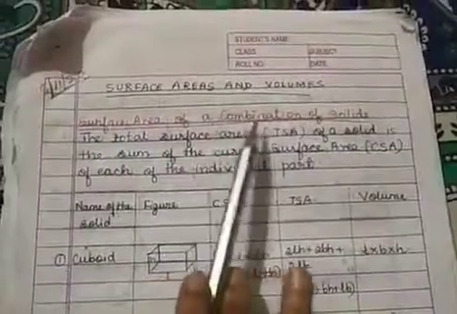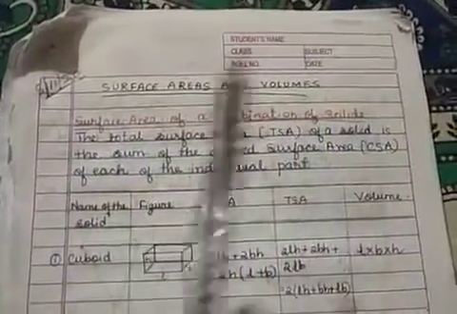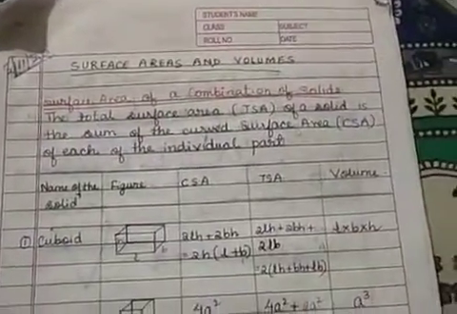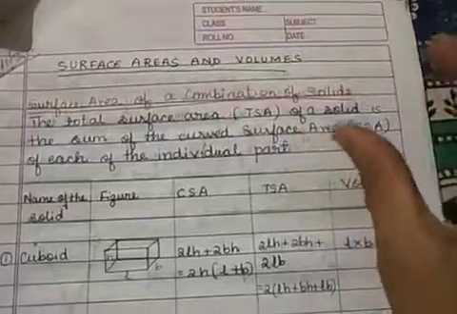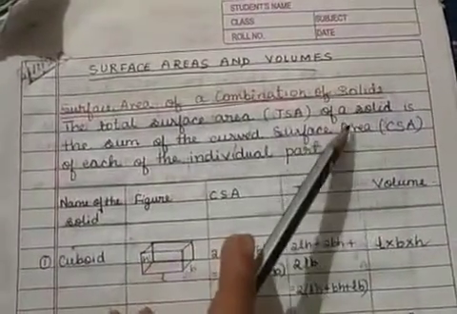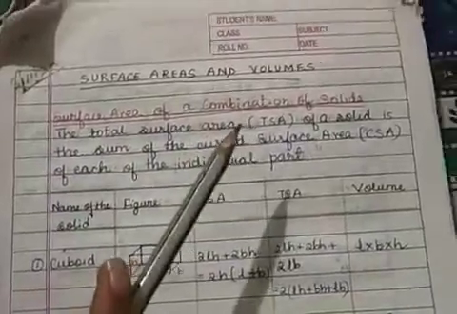To find the surface area of combination of solids, the total surface area of the solid is the sum of the curved surface area of each of the individual parts.